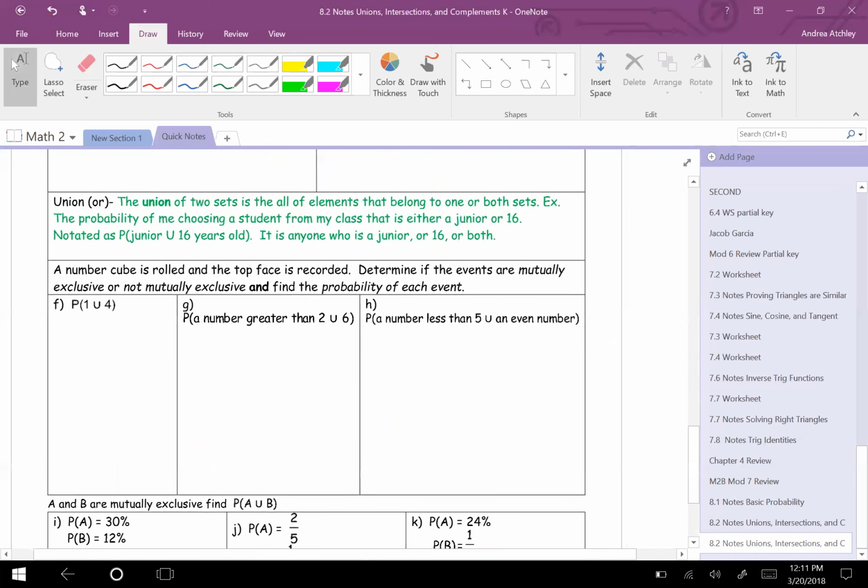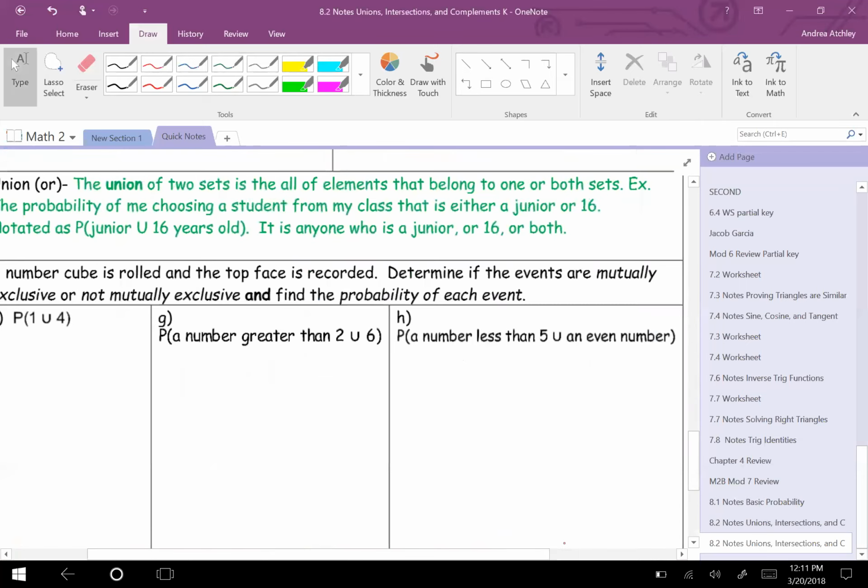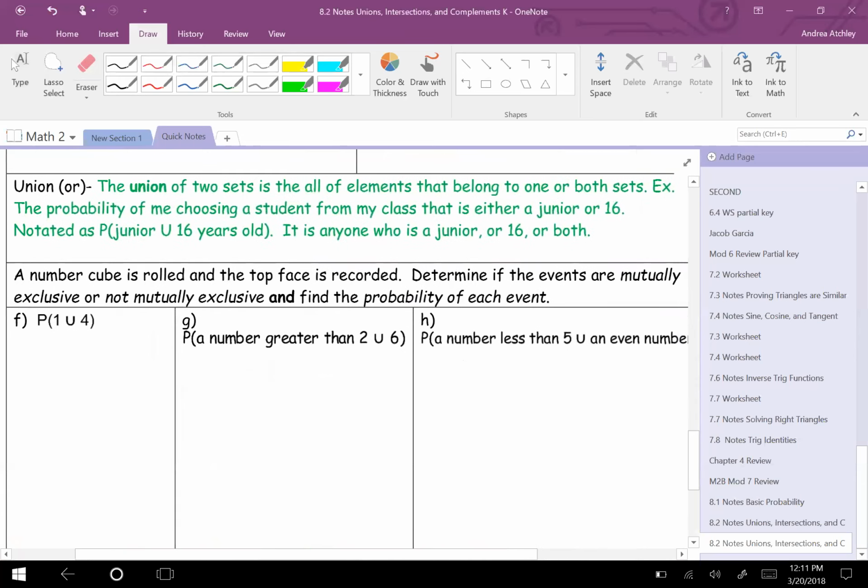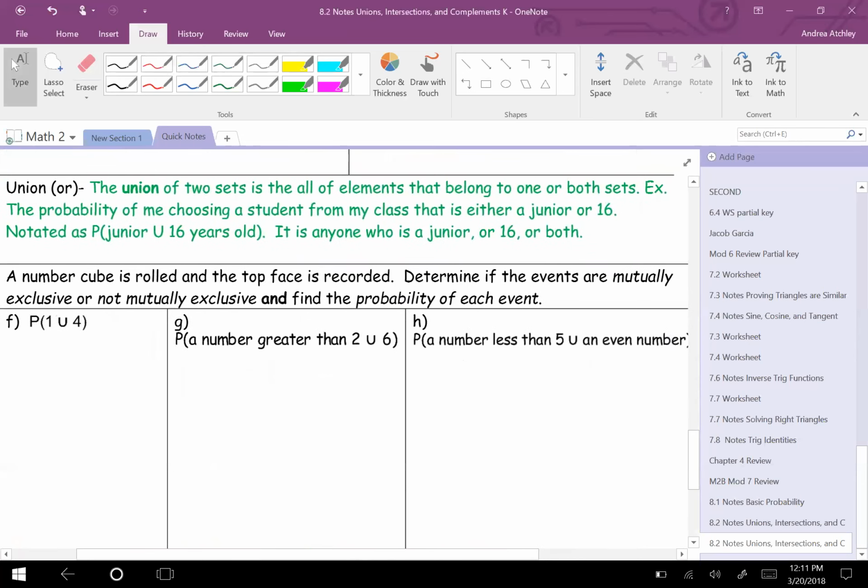And here's what the definition of union is. Okay, union or.